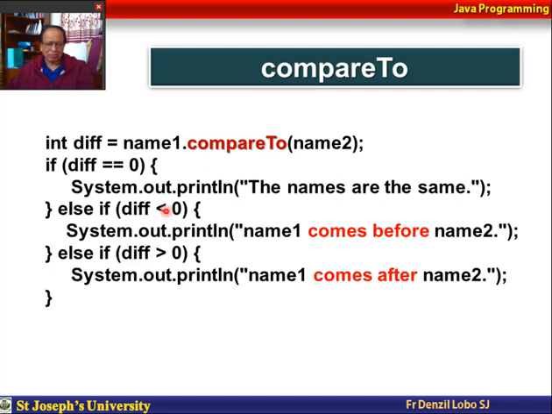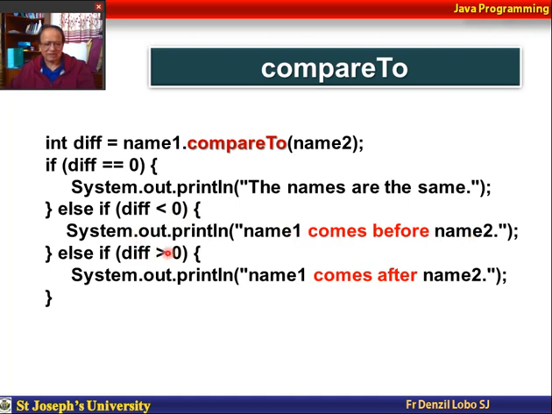If the difference is going to be minus, that means name1 comes before name2. So if the difference is less than 0, a negative value, then I say name1 comes before name2.